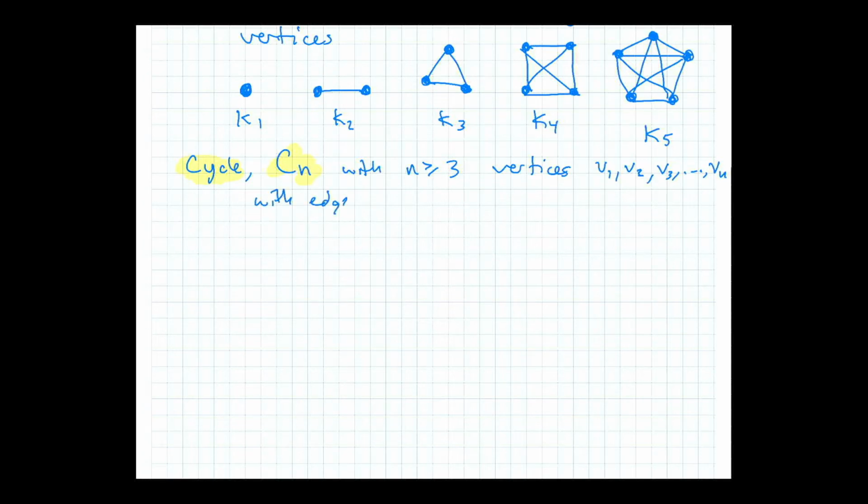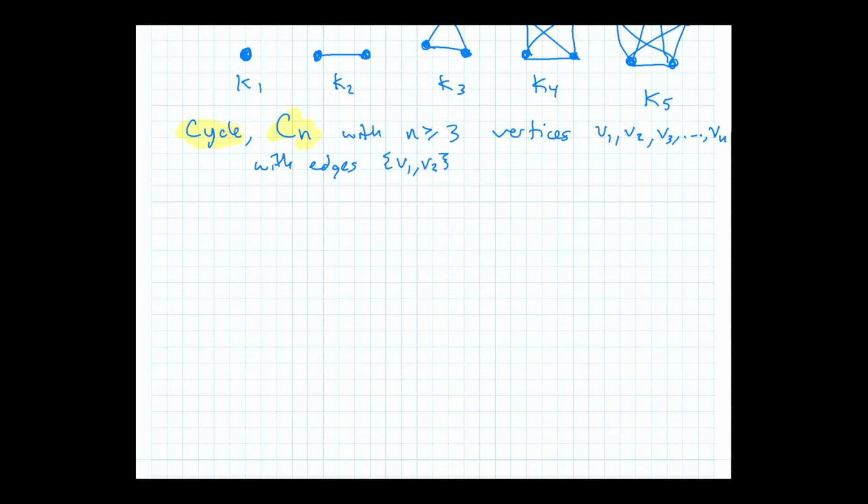And so the edges, how are they writing them? They're writing them like this: {V1, V2}. I don't know why they're using curly braces when they used parentheses before, but {V1, V2}, {V2, V3}, {V3, V4}. See the pattern? And you keep doing that, and eventually you get to {Vn-1, Vn}.